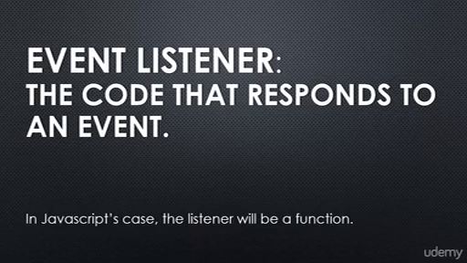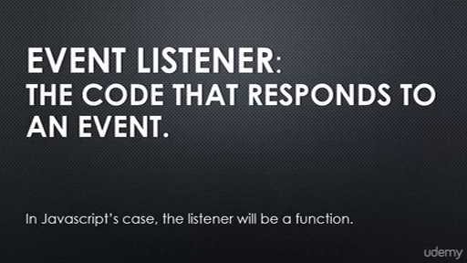So an event happens and we're listening for an event. But that's just a metaphor, really. When the event happens, the code is run. And in JavaScript's case, the listener will usually be a function. So when we talk about events, we have a listener, and the listener is a function, meaning it's code.